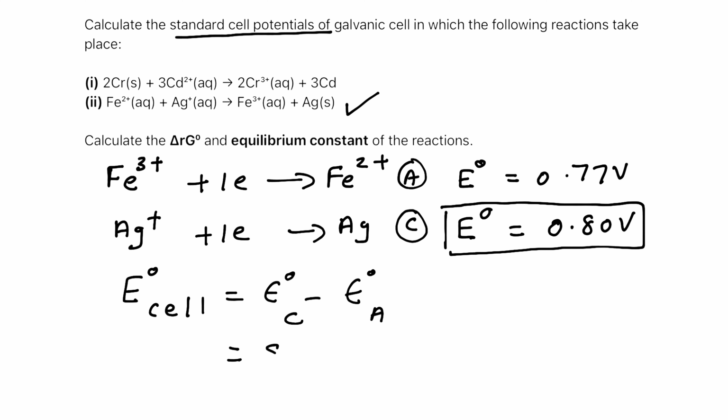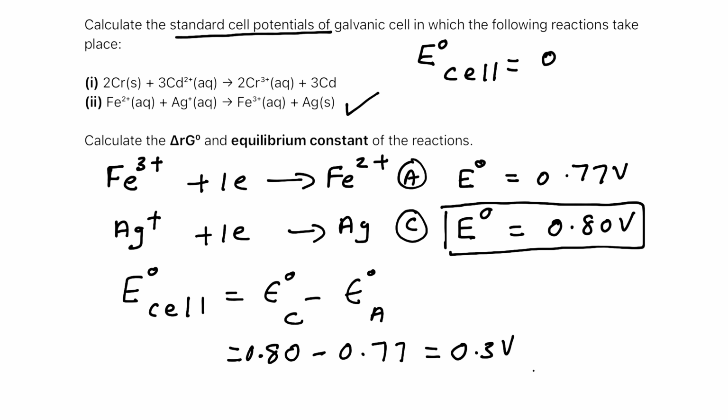Substitute the values like 0.80 minus 0.77. You will be getting 0.03 volt. Sorry, it is not 0.3. 0.03 volt is the right answer. So we got the standard cell potential of the second question. E0 cell value is 0.03 volt.